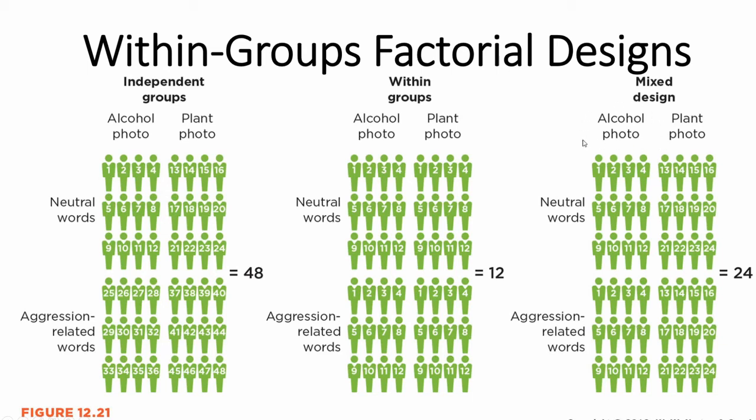So they're always shown level 1 of one independent variable, but they are shown both levels of your second independent variable. And then you'd have another group, individuals 13 through 24, who are always shown plant photos, so level 2 of that first independent variable, but then they're also shown both levels of the second independent variable. So like we said, sort of half and half between our independent groups and within groups setups.